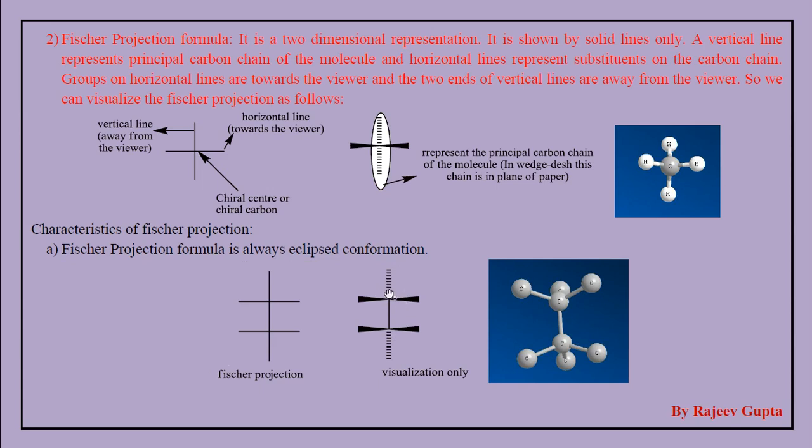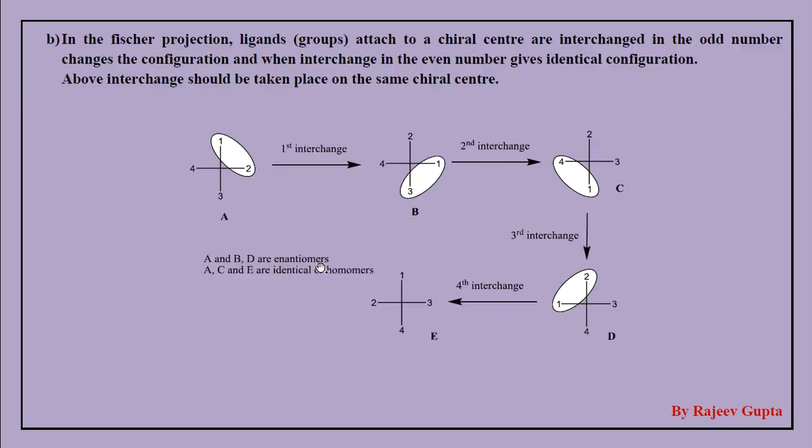If you rotate this structure, keeping this portion fixed and rotating this portion by 180 degrees, then the wedge portion and the dash portion go to wedge. But as we see, this is a two-dimensional representation, so we cannot draw its staggered conformation.